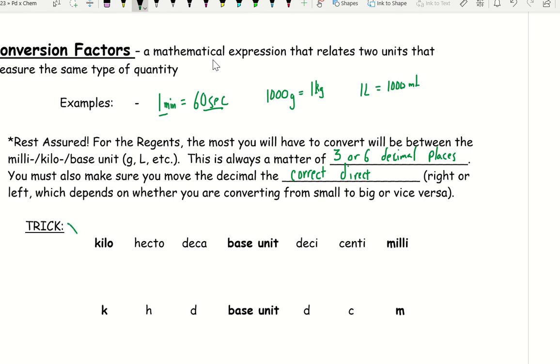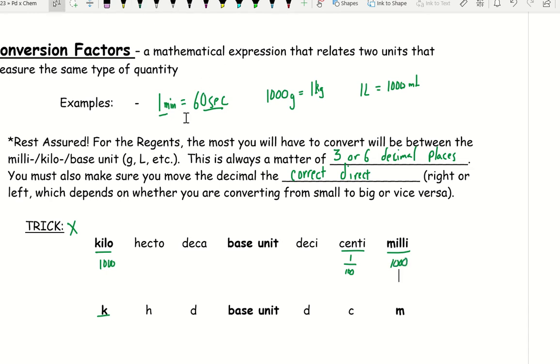I'm not going to do the trick because I don't particularly like the trick. So if you want to do it, that's cool. But you don't need to memorize these. You just need to know what kilo means. It means 1,000. Centi is 1 out of 100, it's 100th, and milli is 1 out of 1,000.